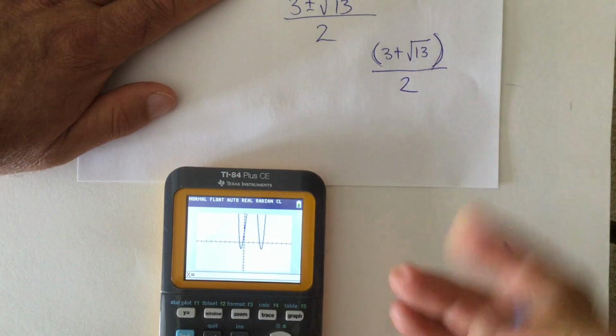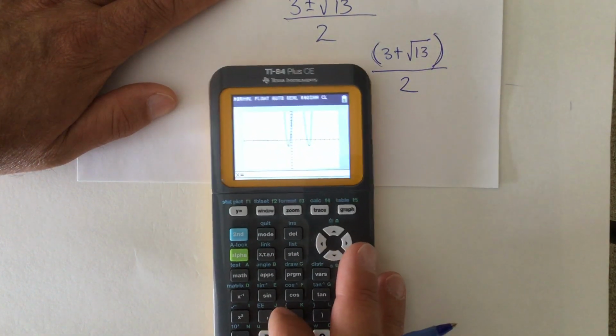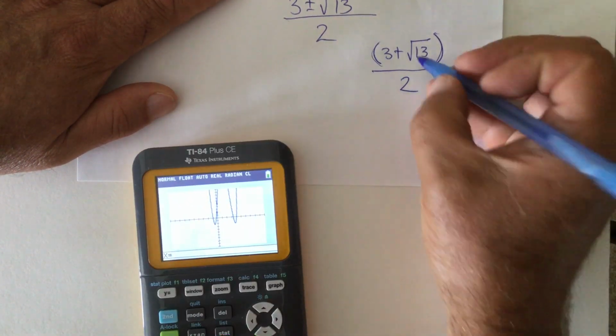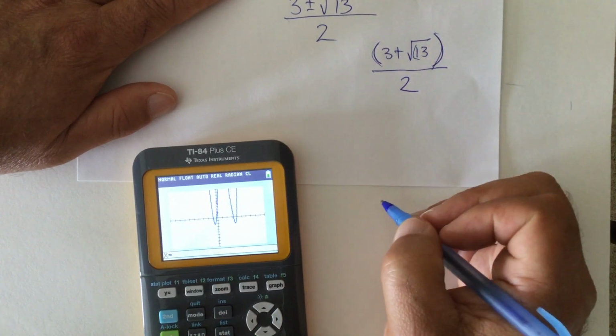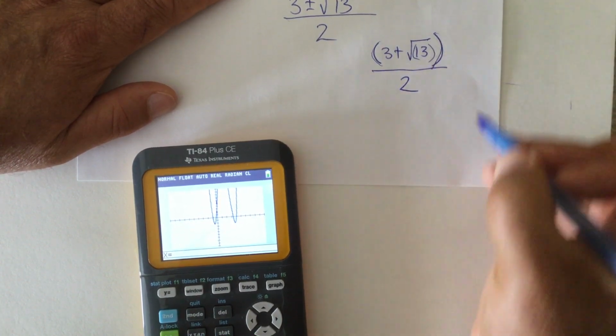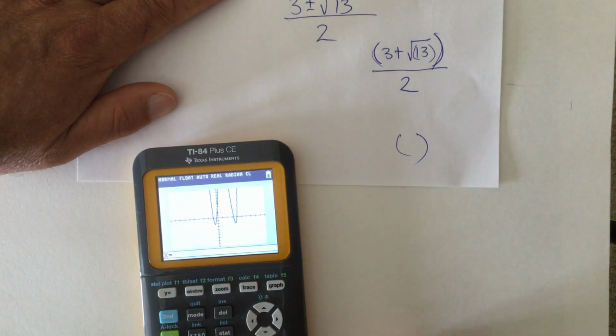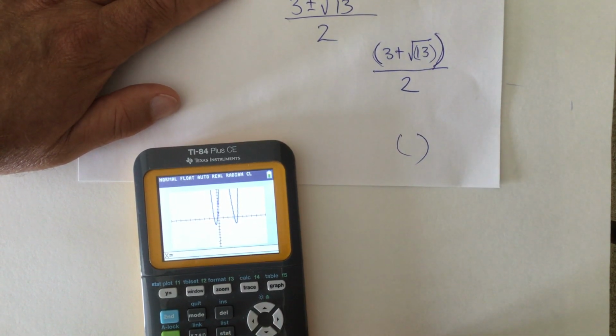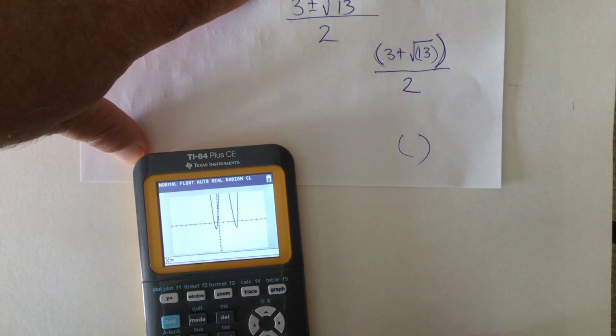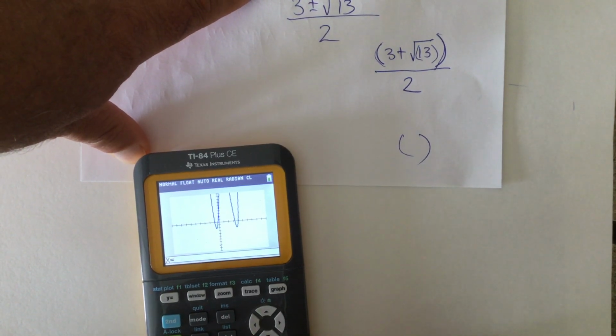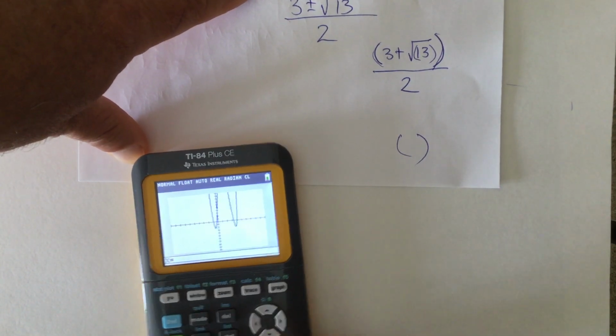Now the other thing about classic mode versus math print mode is when you use classic mode, it automatically puts a parenthesis there, so I'm going to have to put one there. Whenever you got a parenthesis going this way, you need one going that way in math for your calculator, or it confuses it. Sometimes it gets it right on accident, and sometimes it doesn't. But let's verify it. So here we go.